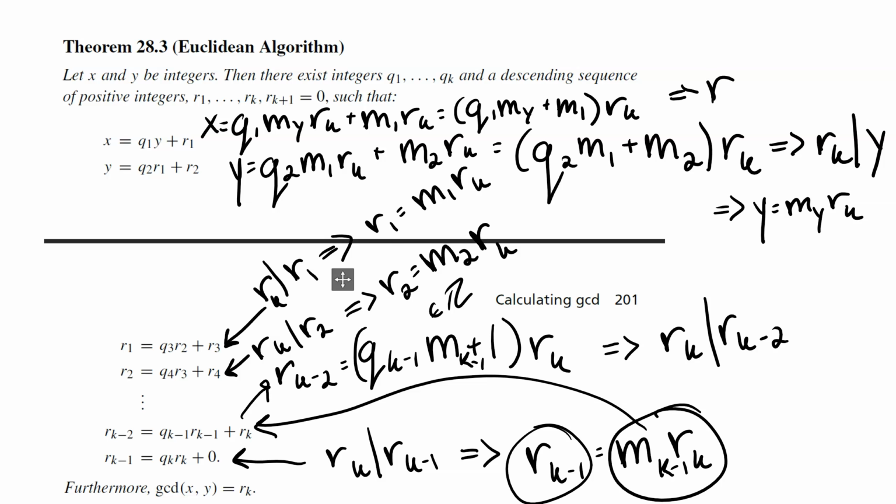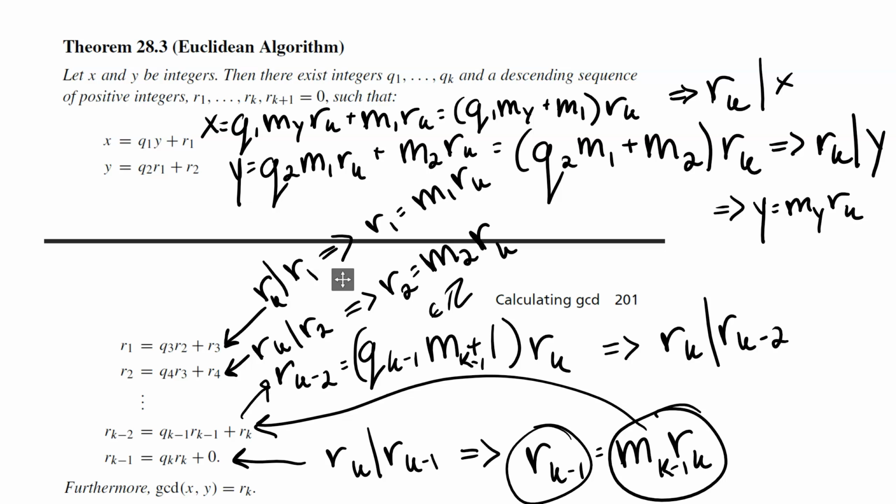So rk divides x. Wow, holy guacamole. Whew, okay. A little lightheaded, right? Man, lots of craziness happening. But that's how this even makes sense to even attempt to define rk as our GCD.